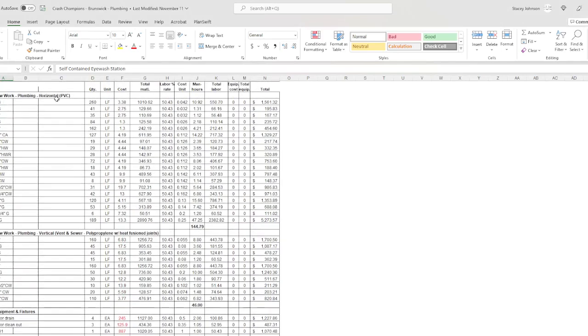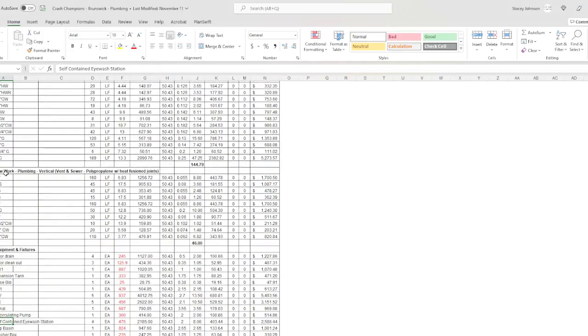So all of the horizontal work, and it says PVC, but it's not. I mean, sanitary is PVC. The water is copper. Okay, so that's all the horizontal measures of pipe and how many linear feet. And then this is the vertical measure of pipe and how many linear feet.